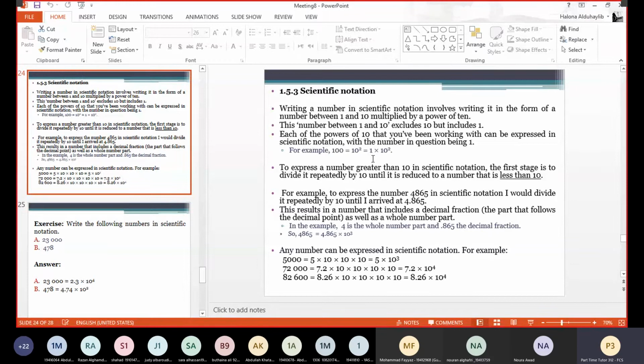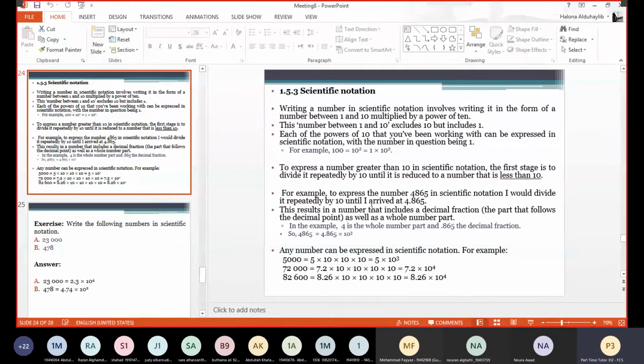It's the same. To express a number greater than 10 in scientific notation, the first stage is to divide it repeatedly by 10, until you get a number less than 10.